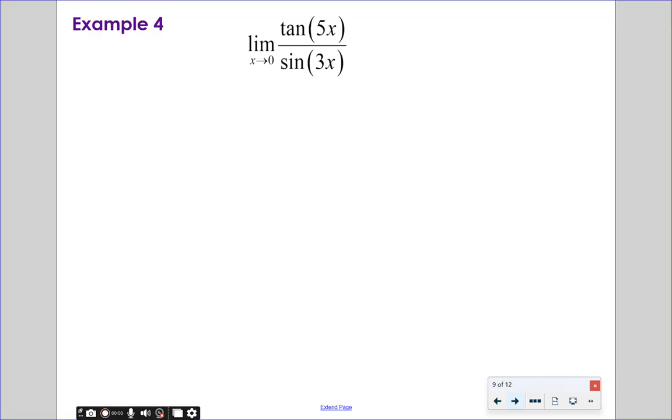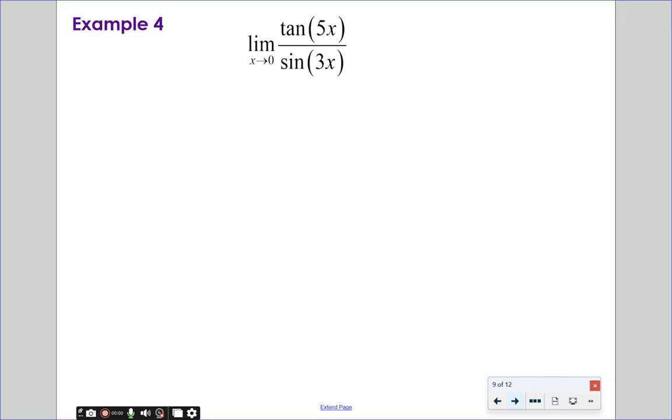Okay, this will be the last one then. Okay, let's plug and chug. Tangent of 0 is what? 0. Sine of 0. Okay, so this is one we could use L'Hopital's rule.